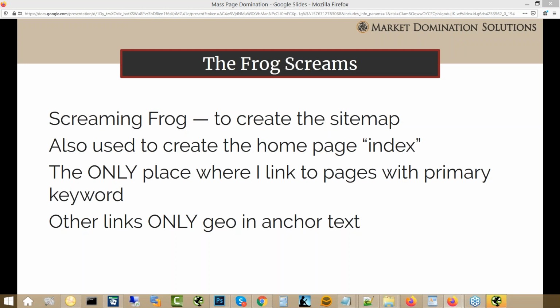So let's say that your primary keyword is AC repair, and you want to rank for everything in the greater Phoenix metro area AC repair. So Mesa AC repair, Scottsdale AC repair, Phoenix AC repair.